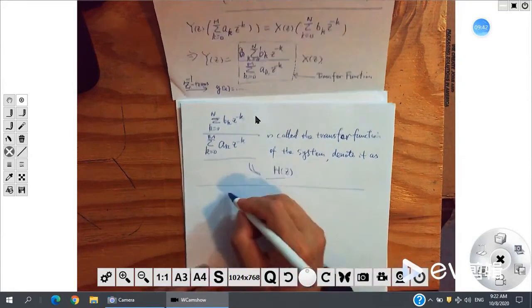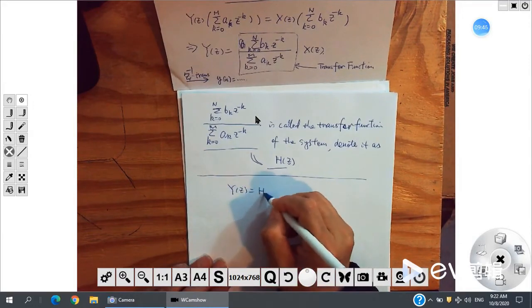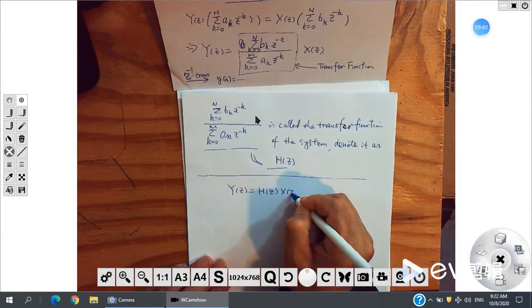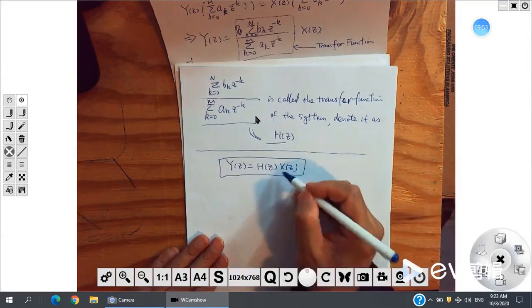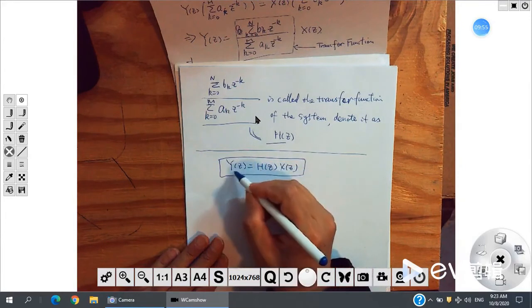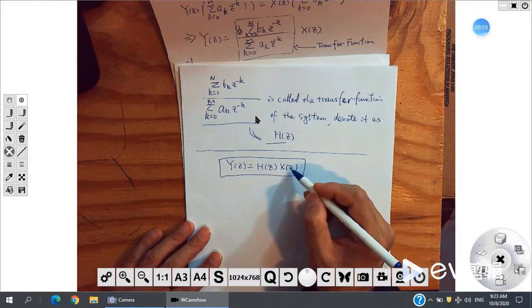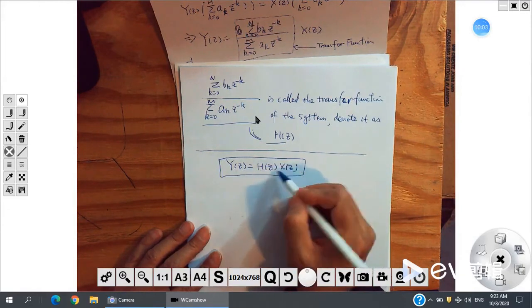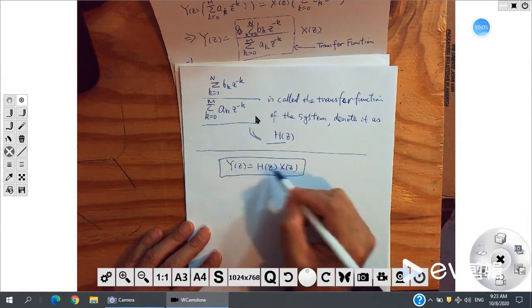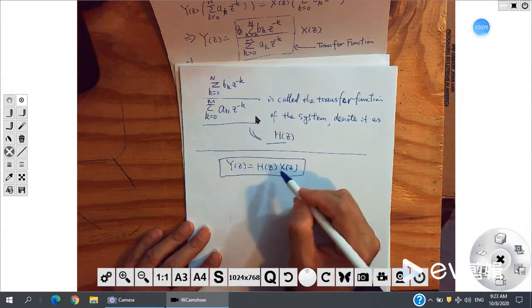So by H of z, we have Y of z equal to H of z times X of z. Here, if you know X and H, you can find Y. And actually, this is not just used from X and H to find Y. You can use this formula to find any one of these three, supposing you already know the other two.